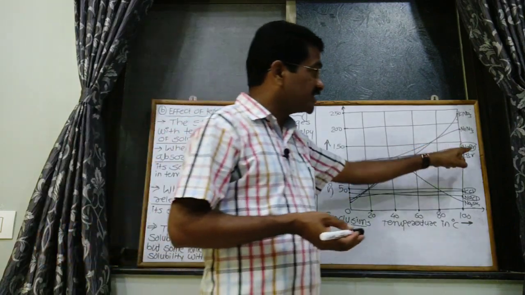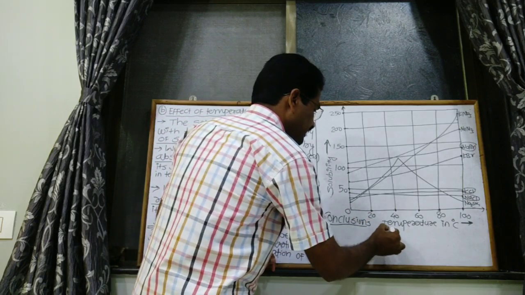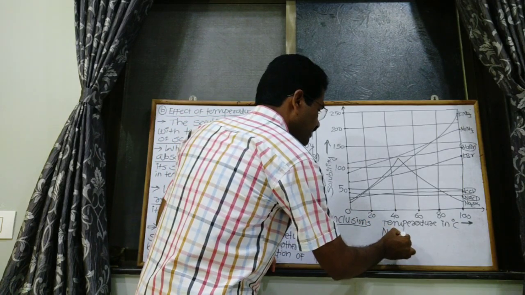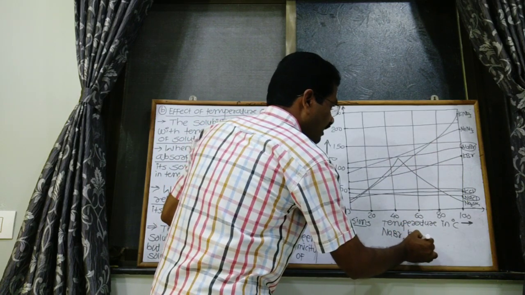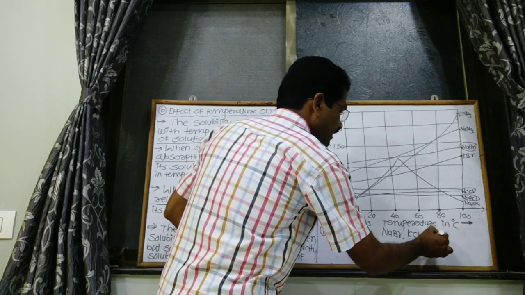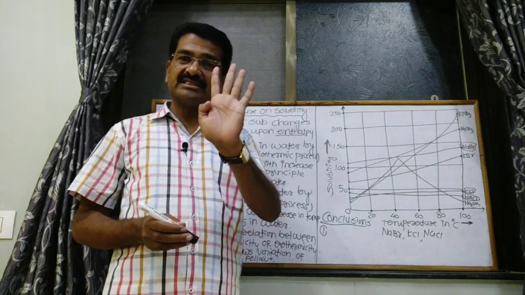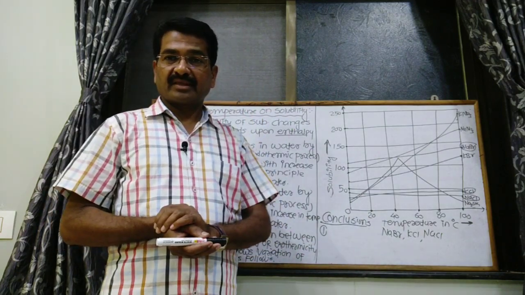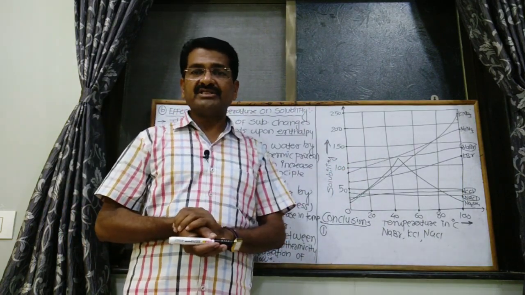But all these three salts, NaBr, sodium bromide, KCl and NaCl, do not show much variation when the temperature increases.